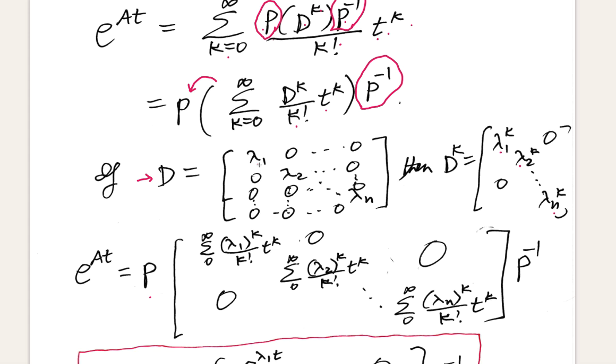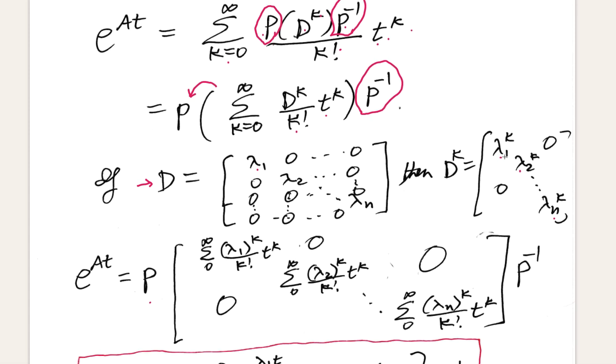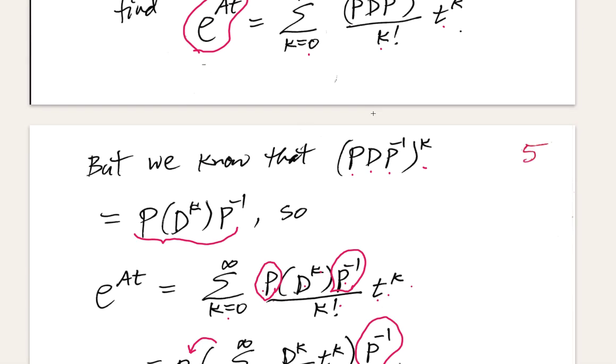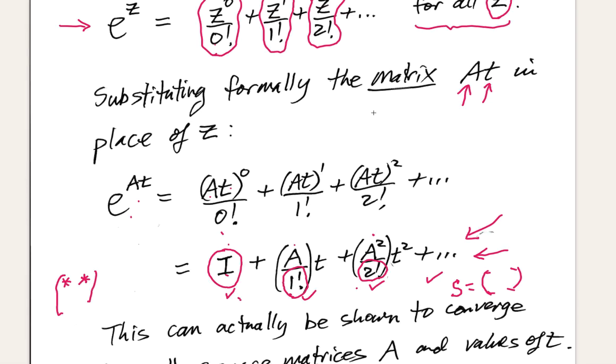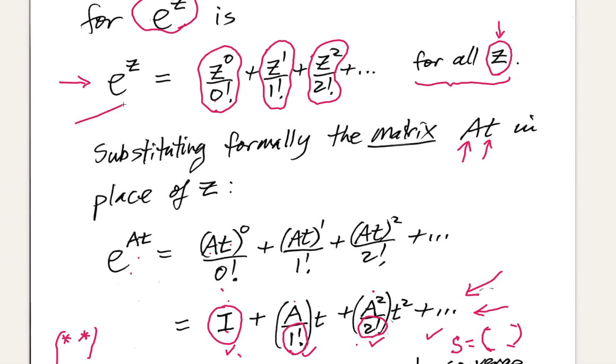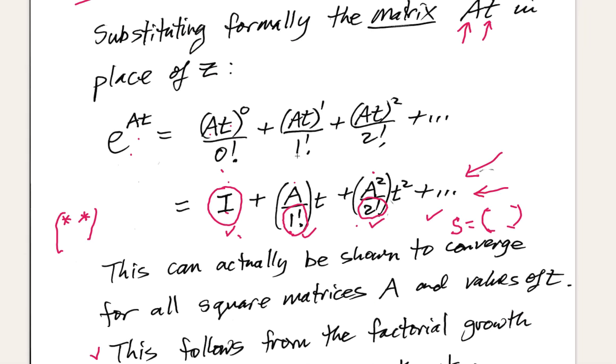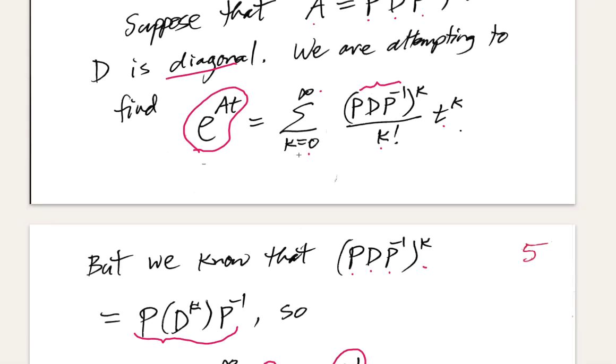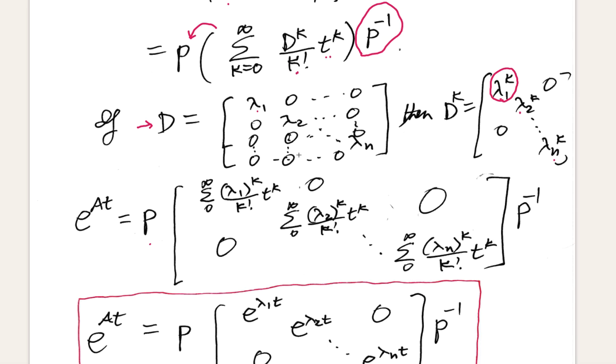Because I'm looking at those summations entry-wise, for this entry I would be taking the summation K goes from 0 to infinity of lambda 1 to the K over K factorial, t to the K. But we already know from real numbers, or complex numbers even, that that is our regular series expansion for e to the lambda t.